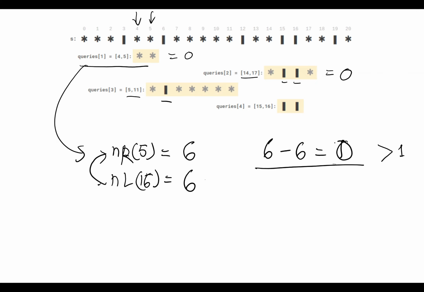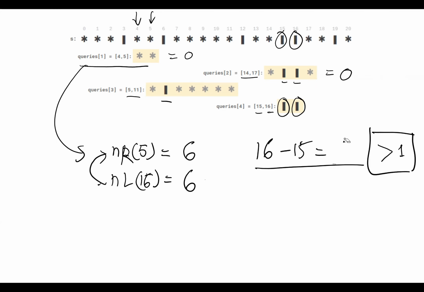So it's 0. It doesn't satisfy this condition. And the final one is queries between 15 and 16. You see the nearest right of 15 itself is 15, and nearest left of 16 itself is 16. So 16 minus 15 again is just 1, and there is nothing here, right?